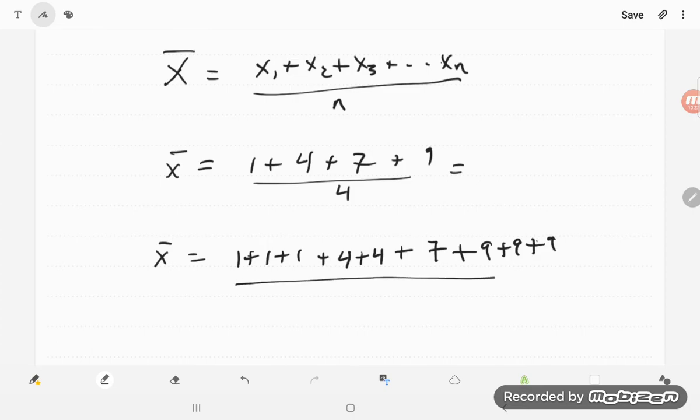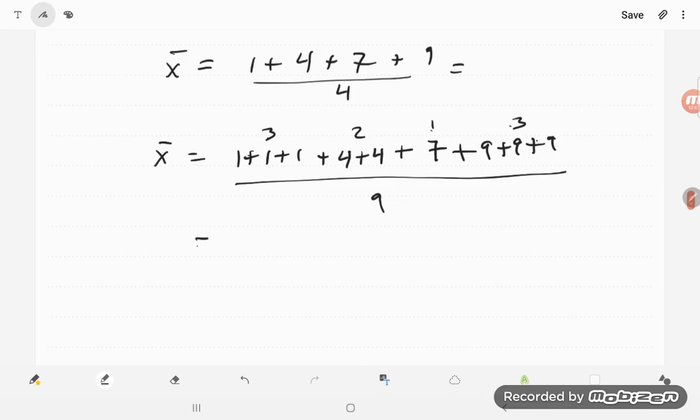Now, what would I have to divide that by? Well, there are 3 of those, 2 of those, 1 of those, 3 of those, so that's 3 plus 2 is 5, 6, and 9, so I would divide by 9.